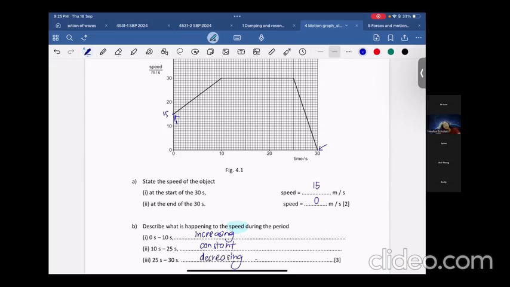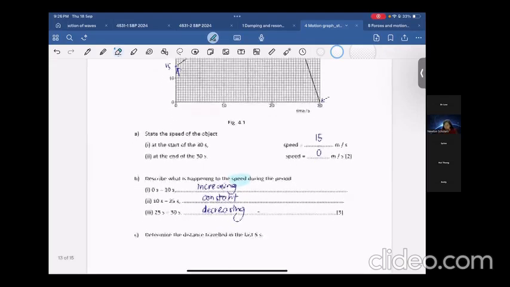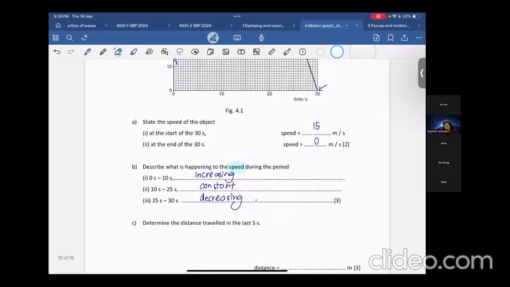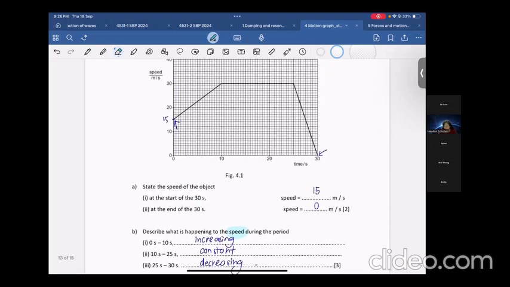I'm not using the word acceleration because right now they're asking about speed. If they ask what happened to the motion, then we can write constant acceleration or increasing speed or speeding up.